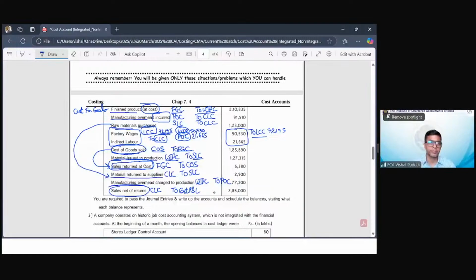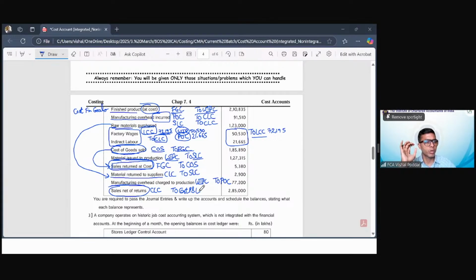Correct, students? Everybody understanding this? No queries or doubts with anyone? Good. Very good. Is this clear? Anybody? Any problems with any of these transactions?